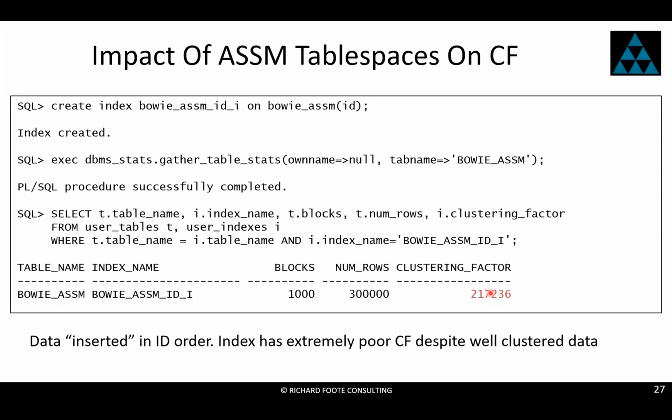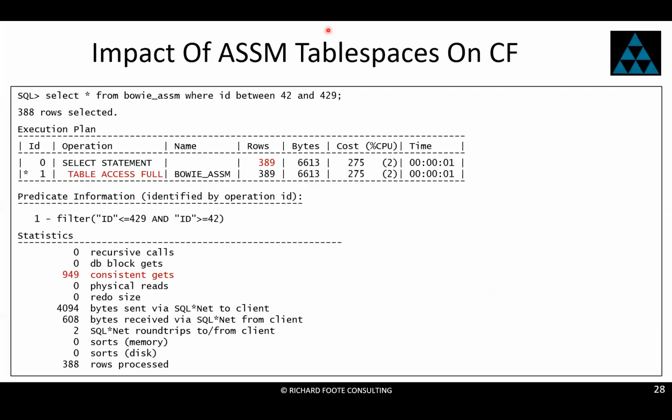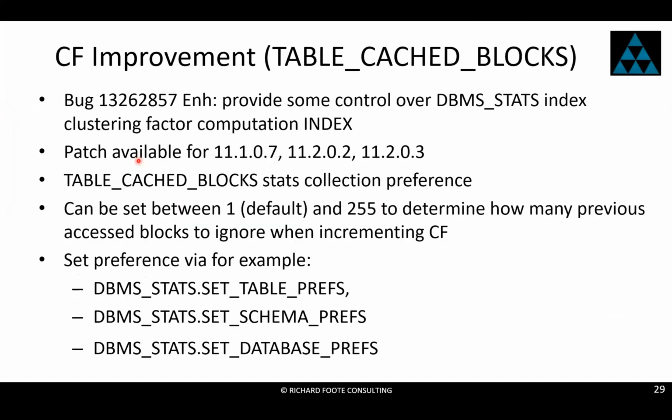Even if the block's right next to the one I've just visited before, even though I may have visited that block just a couple of blocks ago, the default is if I keep changing the block I need to visit, I keep incrementing the clustering factor. So in this example, even though in a 300,000 row table I only want a few hundred rows, it's too expensive to use the index, because Oracle, because of my terrible clustering factor, thinks I have to visit too many different blocks.